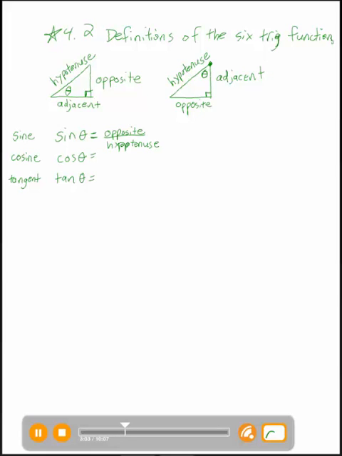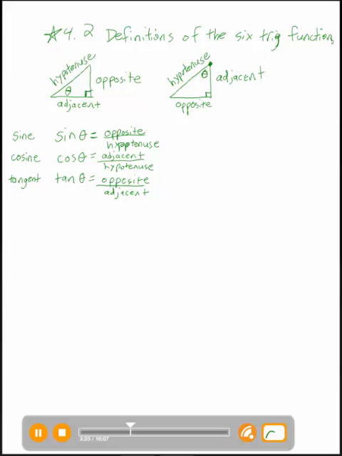And I'm spelling hypotenuse wrong there, I apologize. Cosine is the adjacent side over the hypotenuse. And tangent is the opposite side over the adjacent side.